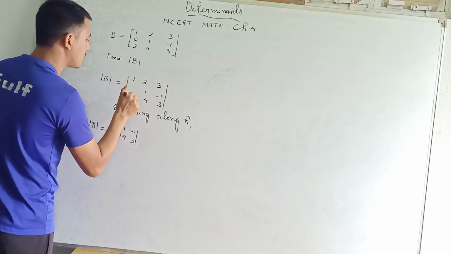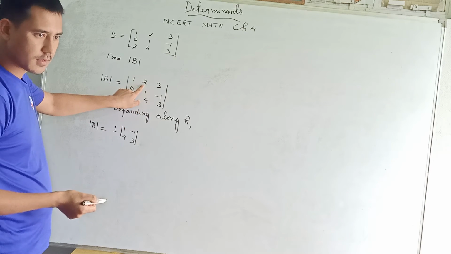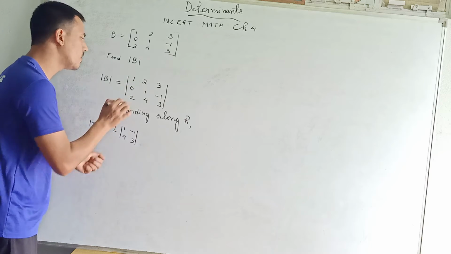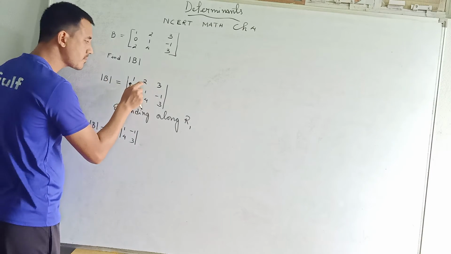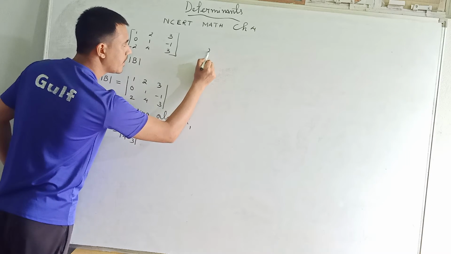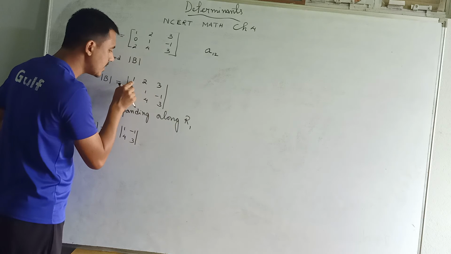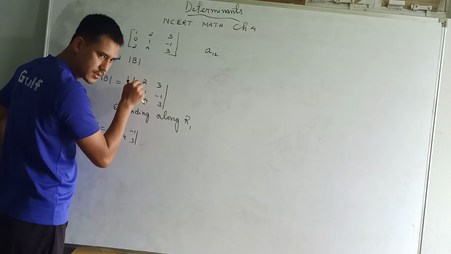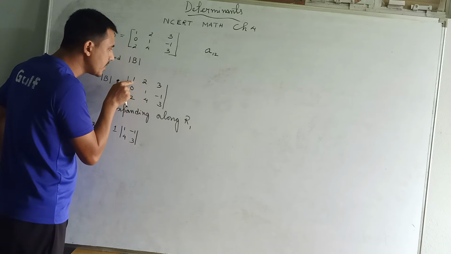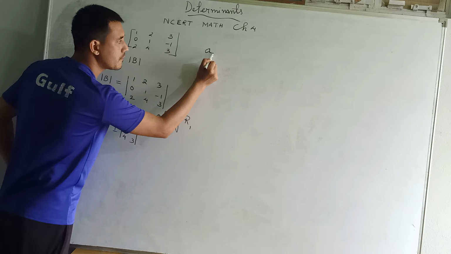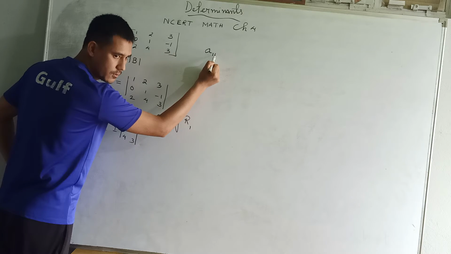Now we consider the second element. What is the position of this element? Let us represent all the elements by A. This element is present in the first row and first column, 1 plus 1, 2, even.